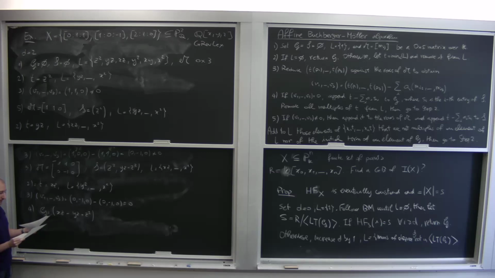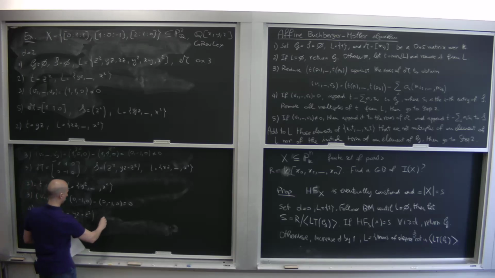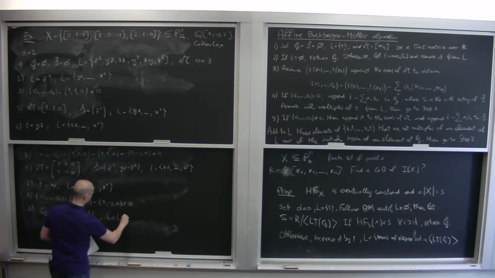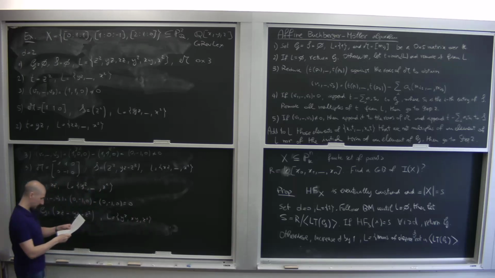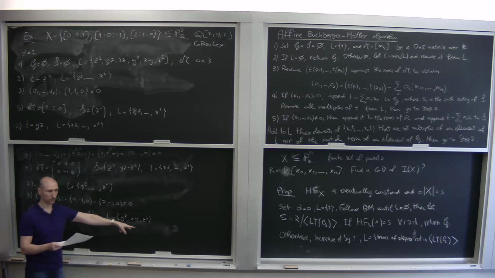So in the interest of time, instead of doing everything else, let me just say, L here has the 3 monomials left. I think the next one, Y squared, gives you something that doesn't vanish, so you get a third row of M, which means the other two will give you something that vanishes.